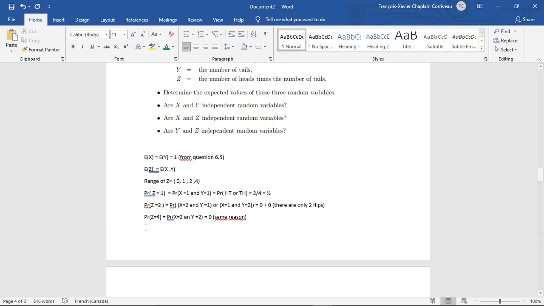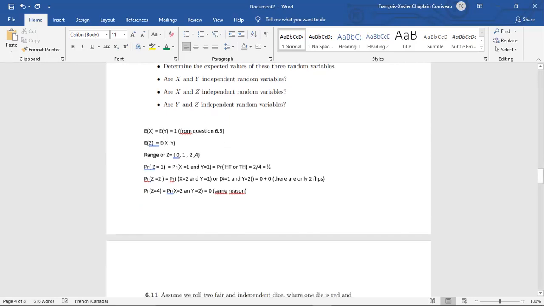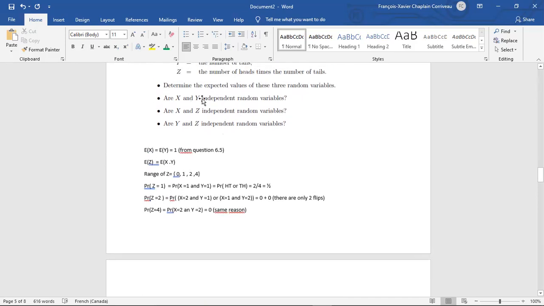Maybe I can conclude it from there. Yeah, so I'll check the probability that z is equal to 0, but in theory, for the expected value, well, this is 0, this is 0, so I'm only left with a half times the probability that z is equal to 1.